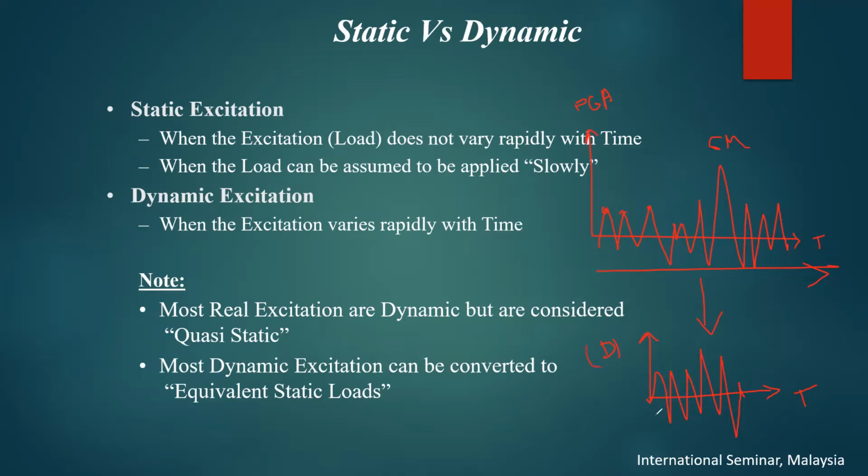For example, at time 0.2 seconds, I found the displacement 0.4 mm. By time, it changed. So here we are going to say the excitation varies rapidly with respect to time. So the response also will vary, and will not be linearly increasing or linearly decreasing. So this is one of the examples in the dynamic analysis.